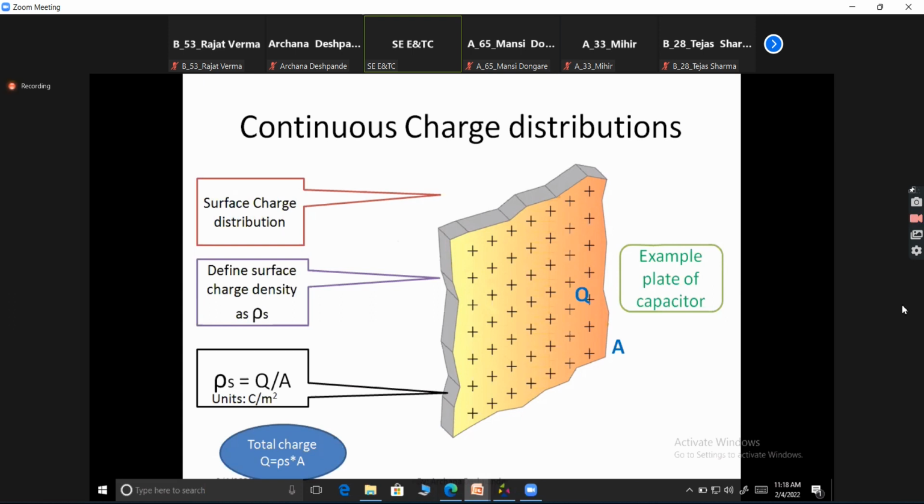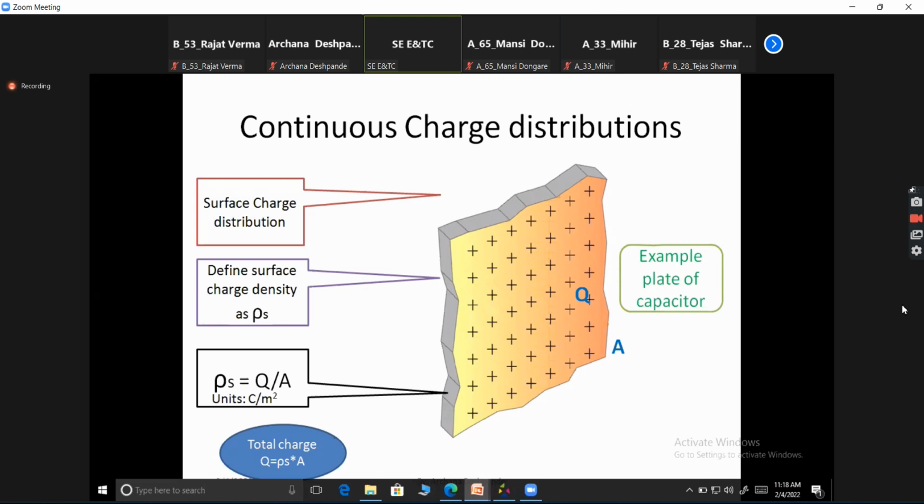The second one, as I said, is the capacitor. When you are designing a capacitor, you consider a certain area because you have to get a certain capacitance. You design it for a certain voltage. If you apply a certain voltage, what amount of charge will get accumulated on it? How much is the surface area? All these parameters will be taken care of at that time.